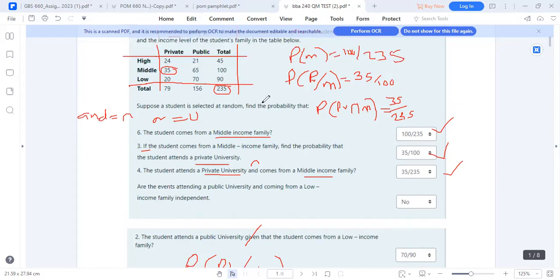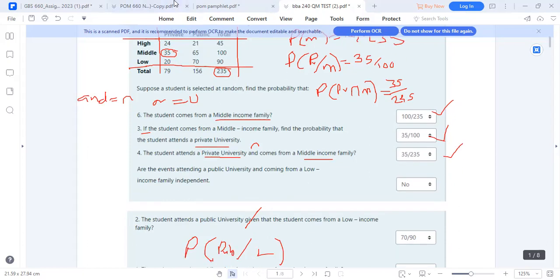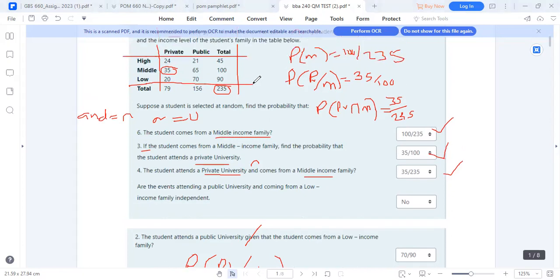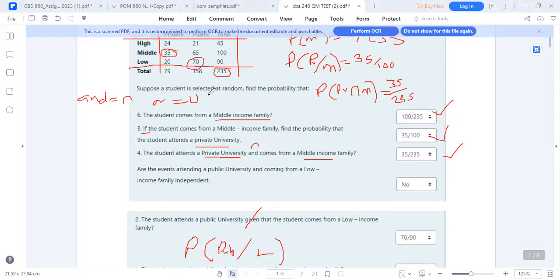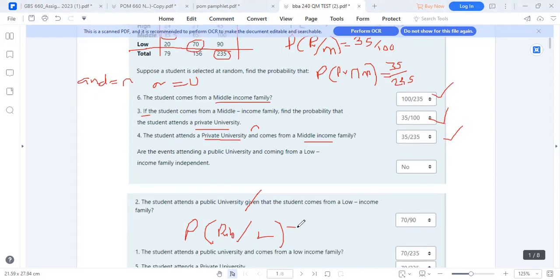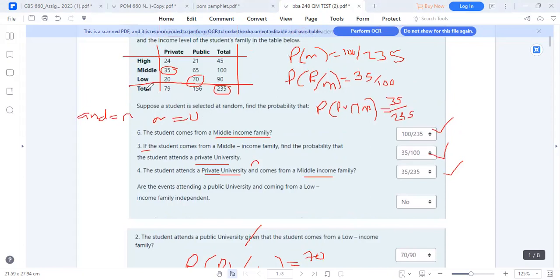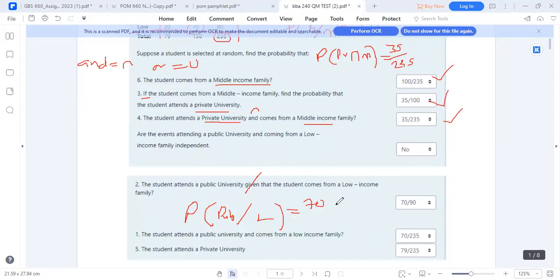Where do public and low meet? On 70. Correct. But the total for what now in this case? For everything or the total for low? For low. Good. And the total for low is 90. So 70 over 90, that's how this one is supposed to be done.